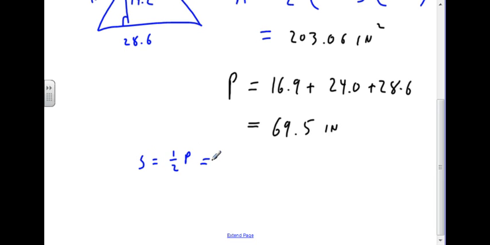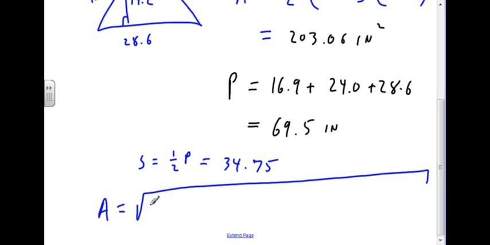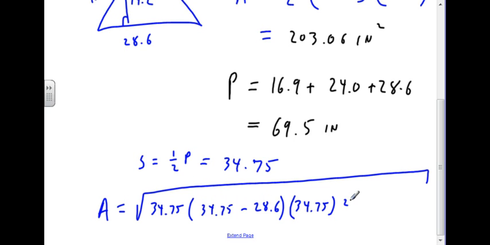So 69.5 divided by 2 is 34.75. And the area is supposed to be equal to the square root of S, 34.75, times 34.75 minus 28.6, times 34.75 minus 24, times 34.75 minus 16.9, square root of the whole thing.